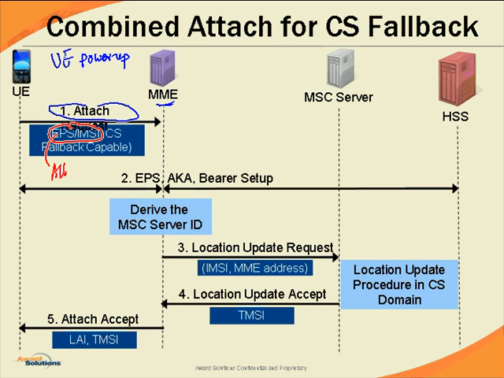So it wants to attach to the EPS network, and it wants to attach to the legacy network that is indicated by IMSI. The MME learns that this UE is capable of CS fallback, and it will first take care of LTE authentication.